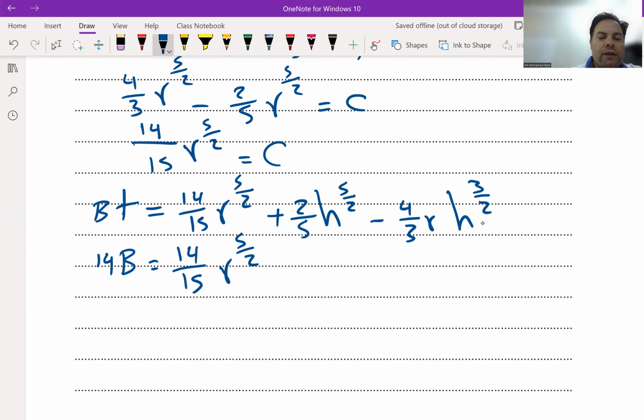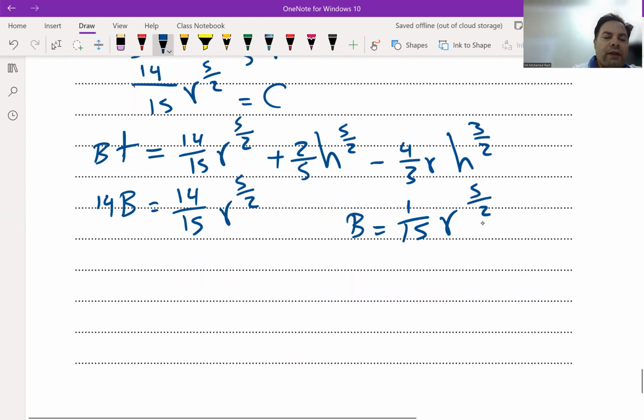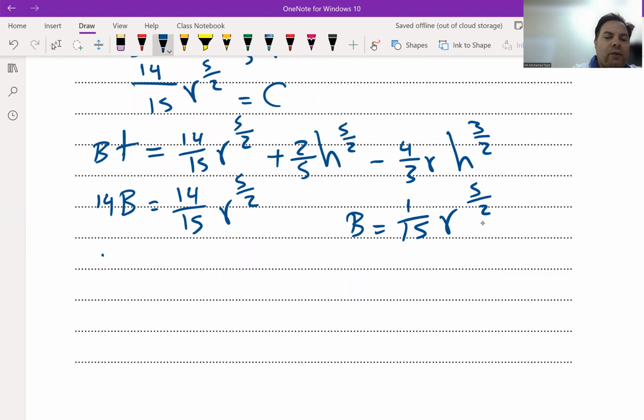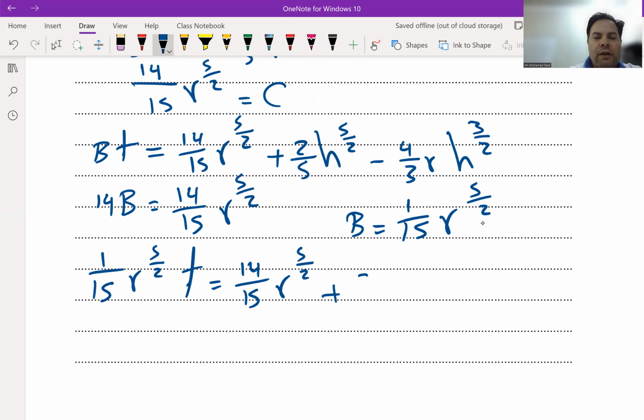Dividing by 14, b now is 1/15 r^(5/2). So the final equation is 1/15 r^(5/2) t is equal to 14/15 r^(5/2) plus 2/5 h^(5/2) minus 4/3 r h^(3/2).